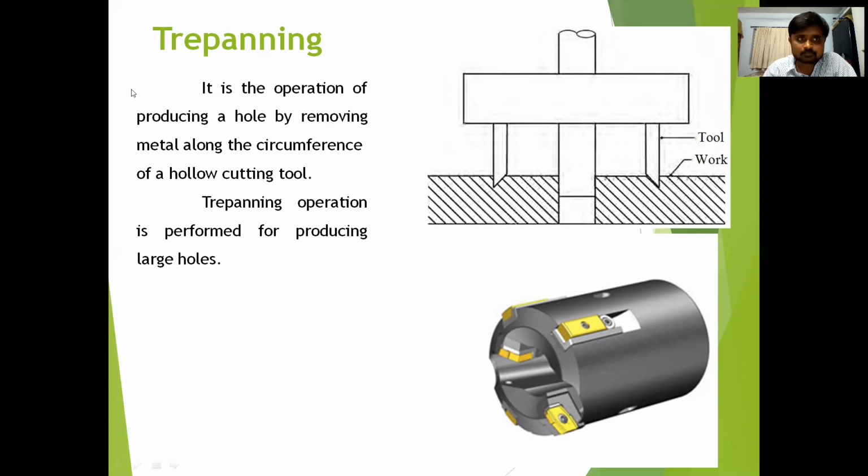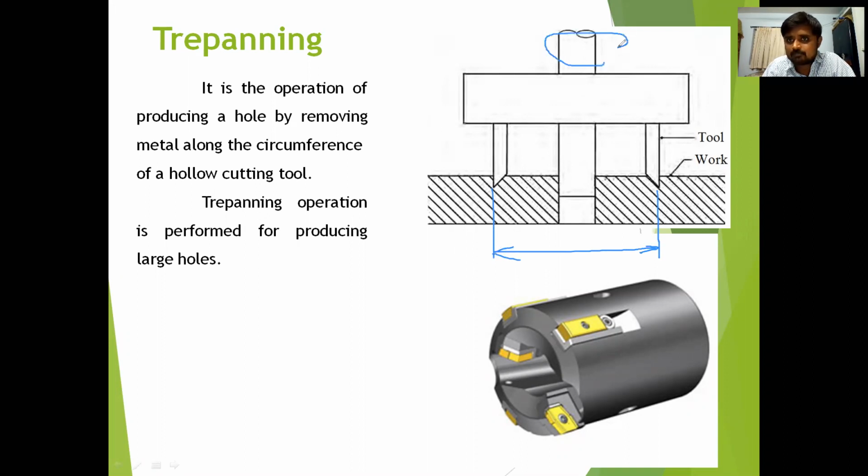If I want to produce this much of a hole, here we are going to use trepanning. We rotate the trepanning tool, and this cutting tool will cut the material. Remember, in drilling and reaming, the material is removed in the form of chips.